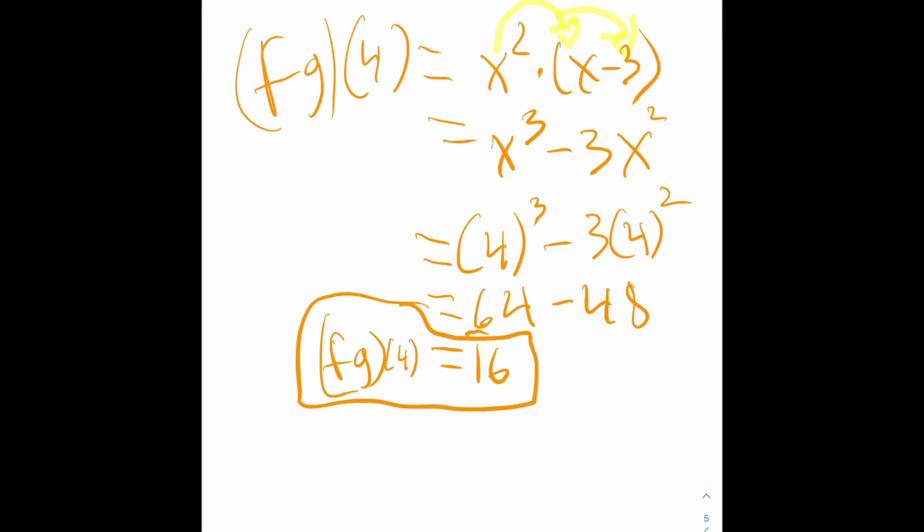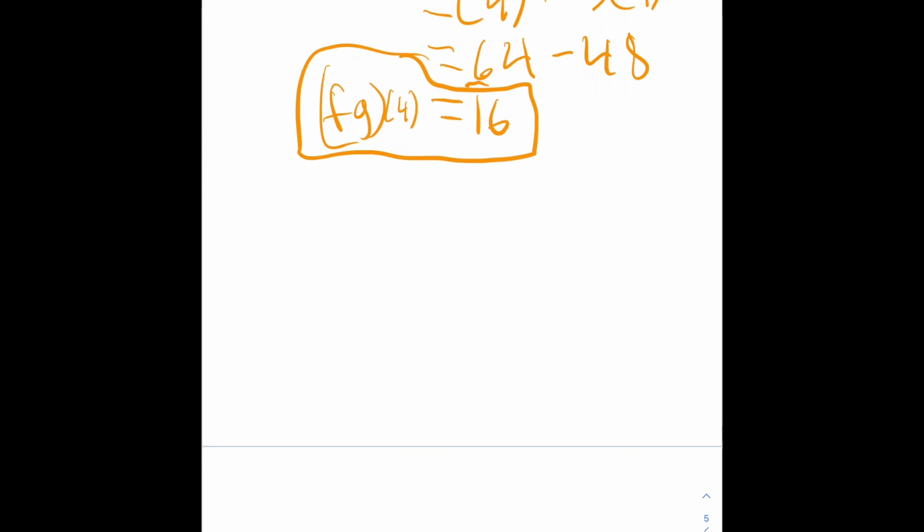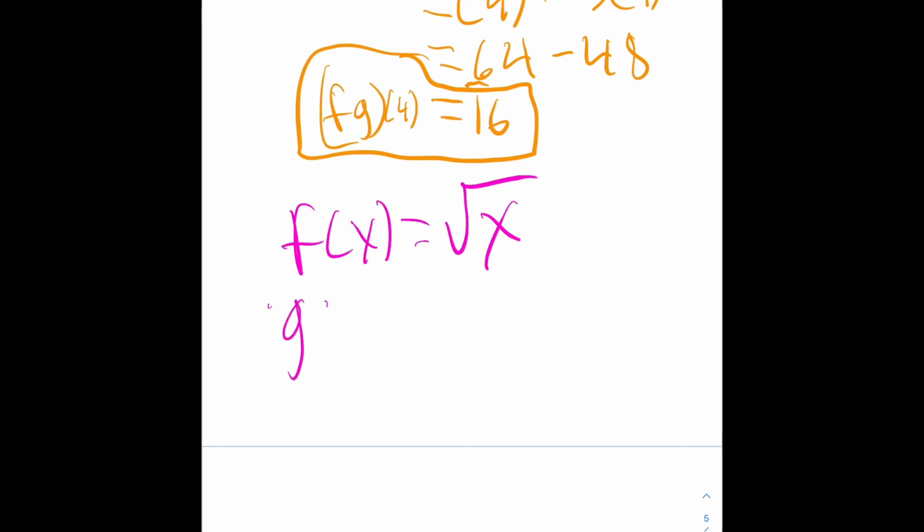And our last example for today, we are going to use a few different functions. So in this one, we are going to use f of x equals the square root of x, and g of x equals the square root of 4 subtract x squared.